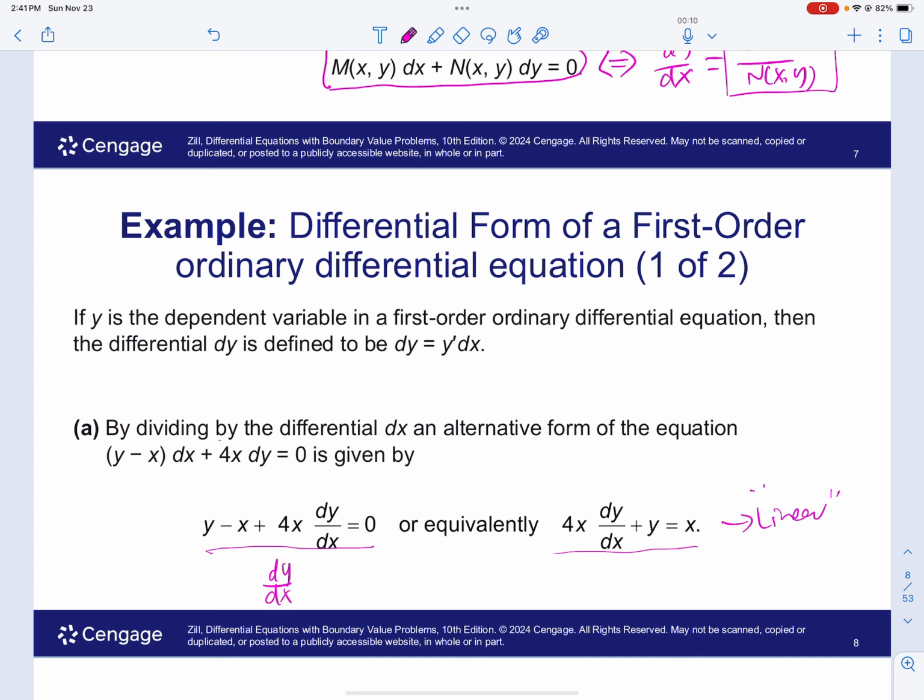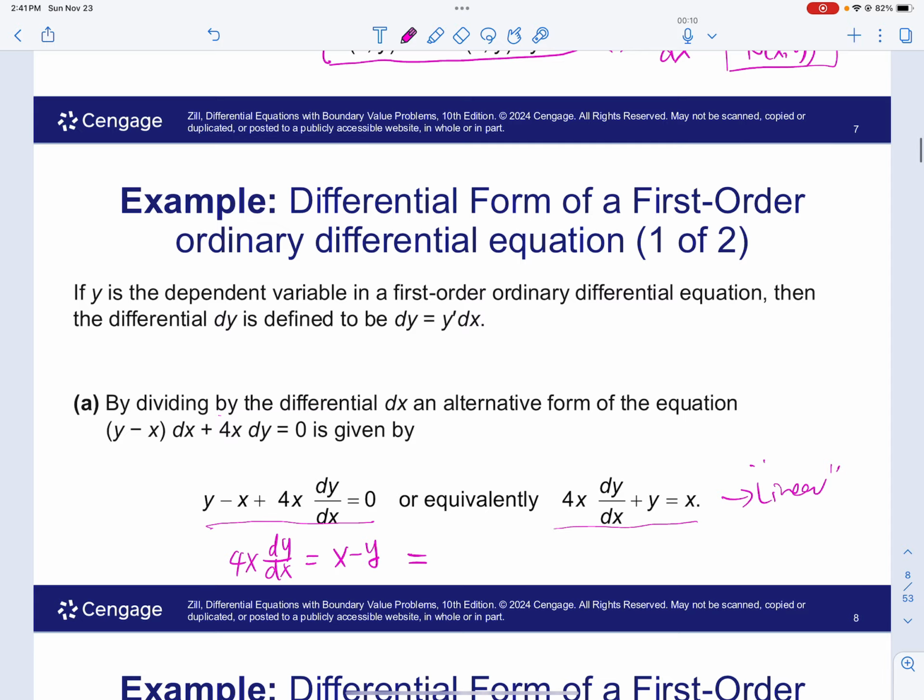Dy over dx times 4x equals what? x minus y. Are you with me? So what will we get? Dy over dx will be x minus y over 4x, and it will be 1 over 4 minus 1 over 4x times y. Are you with me?